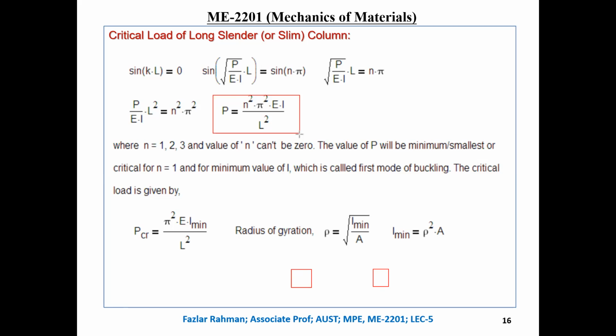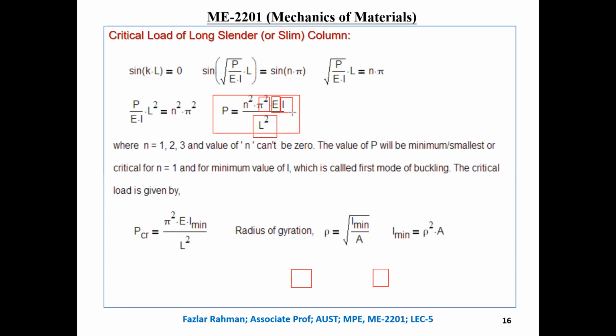So what is the P? P is the load applied in the column. And for critical load, we need to figure out the minimum load it can carry in the deflected shape. So how does P vary? You look over here, the length of the column is constant. Pi is a constant. E is a material constant, right?